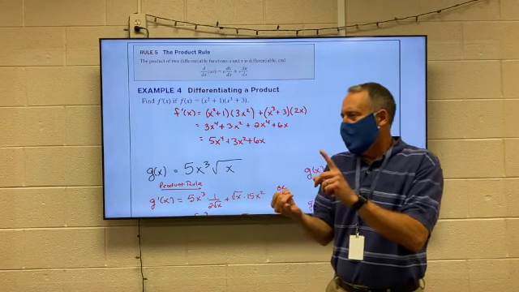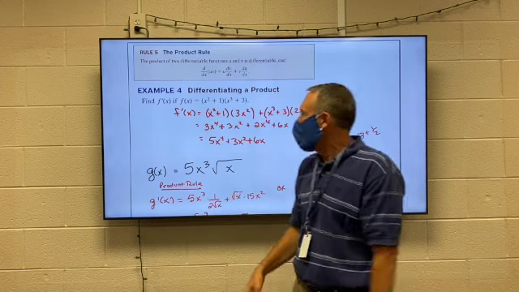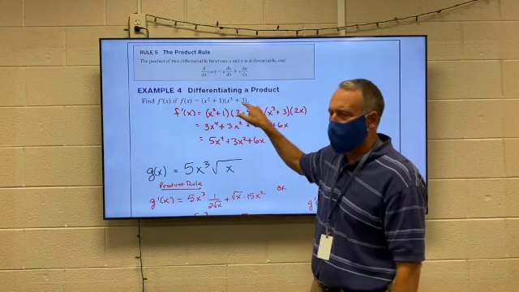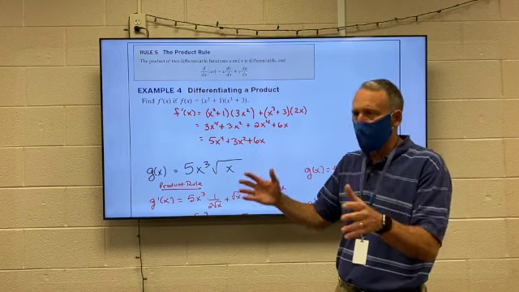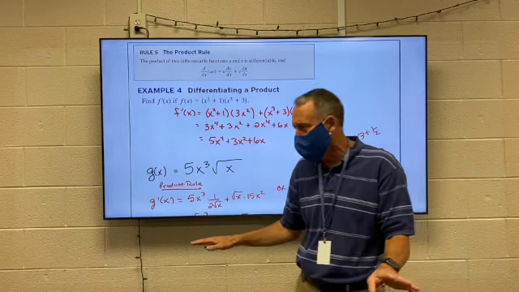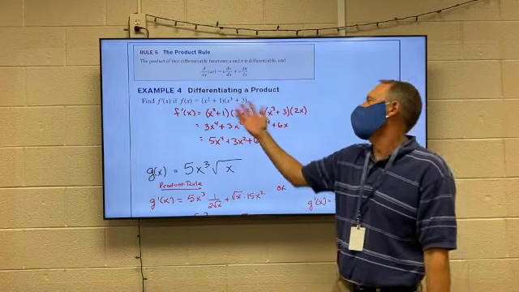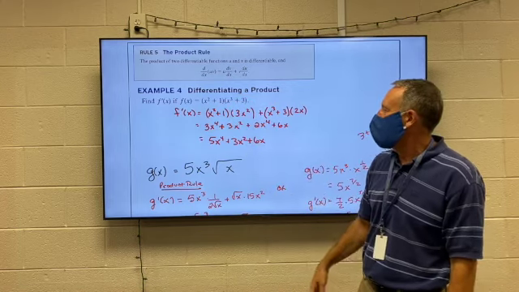For example, you don't know how to take the derivative of ln of x, or sine of x or cosine of x. But if I had this times the sine of x, there's no way you can multiply it out. So the product rule is very necessary. Some derivatives, it's the only way to do it. So don't think, oh, I'll just multiply it out. Well, this is one you can get by without it, but a lot of them you can't.